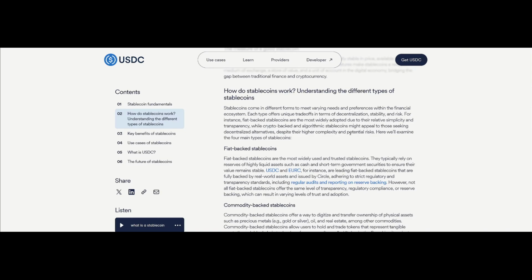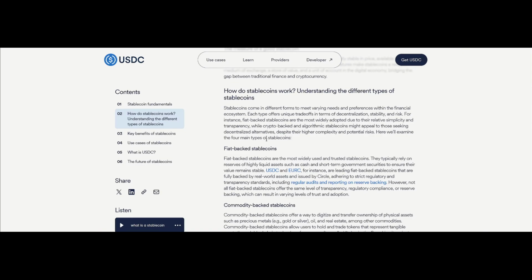Each type offers unique trade-offs in terms of decentralization, stability, and risk. For instance, fiat-backed stablecoins are the most widely adopted due to their relative simplicity and transparency, while crypto-backed and algorithmic stablecoins might appeal to those seeking decentralized alternatives despite their higher complexity and potential risks.